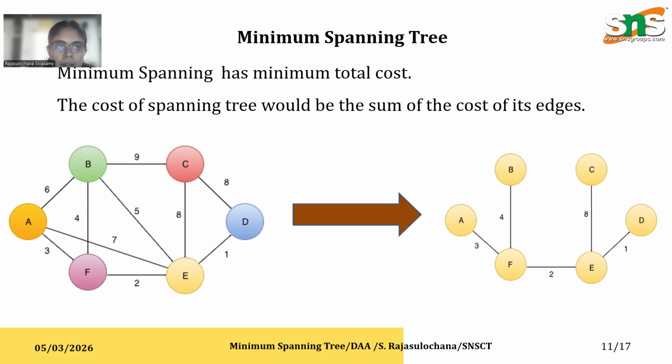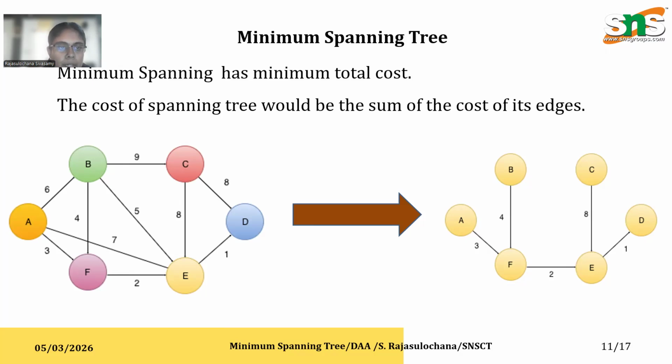Look at this particular graph. How does Kruskal's algorithm work here? You choose the edge with the minimum cost first. The edge E to D has the minimum cost, so you include it. The next edge, FE, has minimum cost, and including it does not form a cycle. Next, the edge AF has minimum cost, and again it forms no cycle. Next, FB has minimum cost 4, and it does not form a cycle.